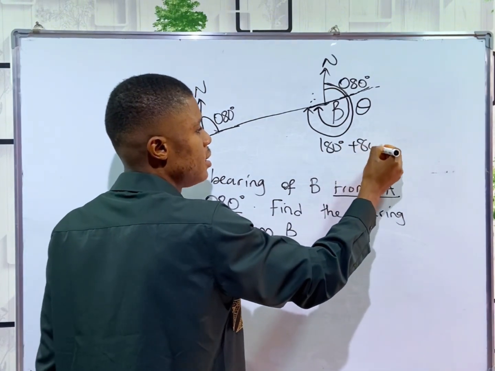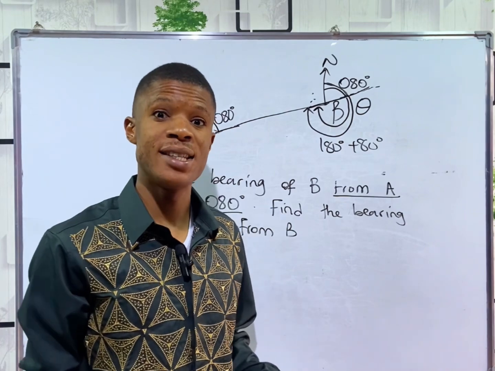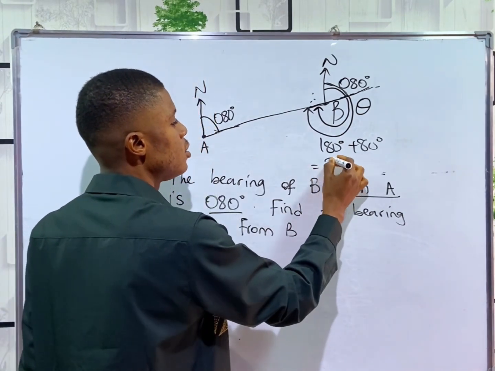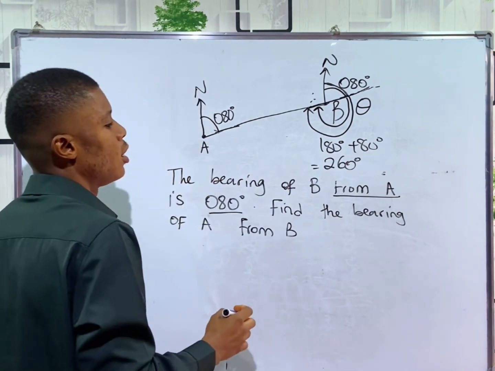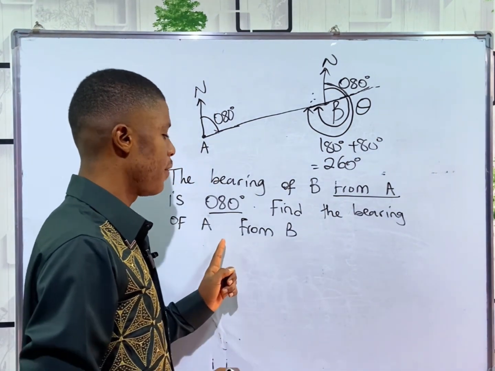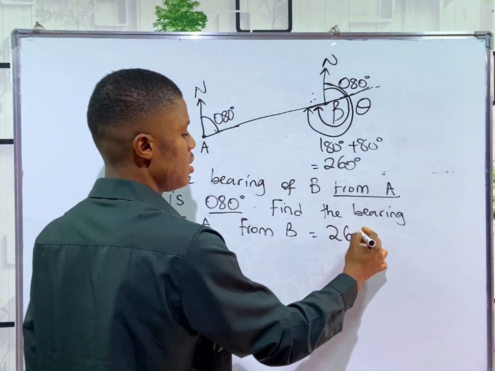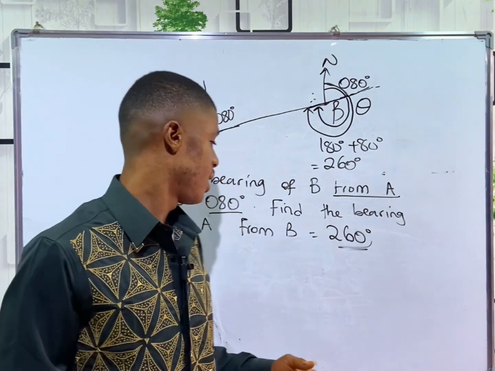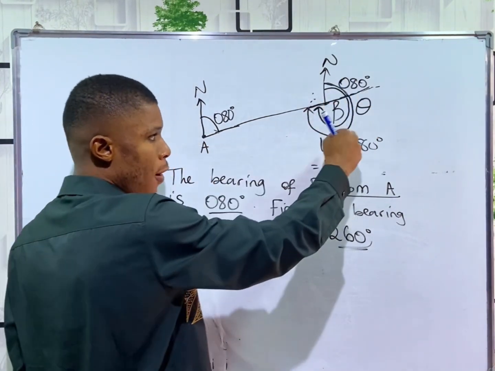When you add 180 degrees to 80 degrees, you have 260 degrees. So the bearing of A from B is 260 degrees.